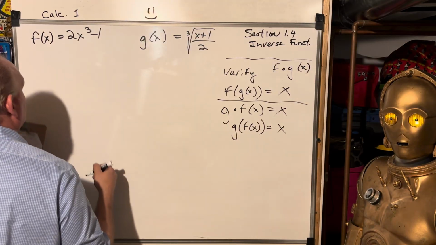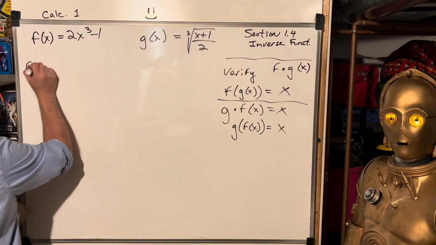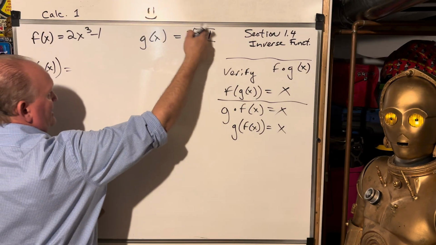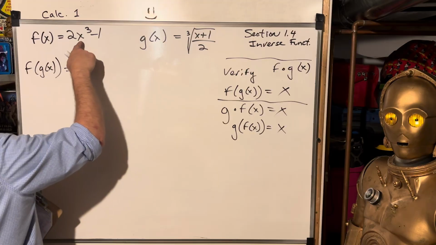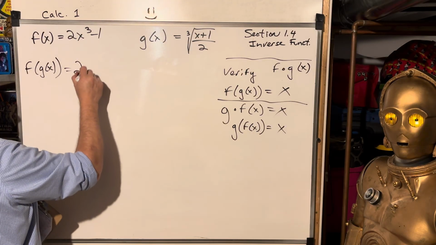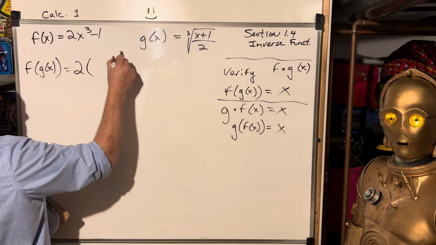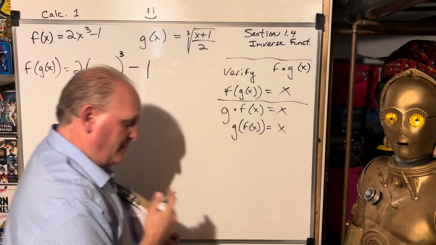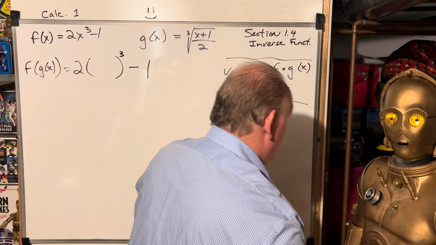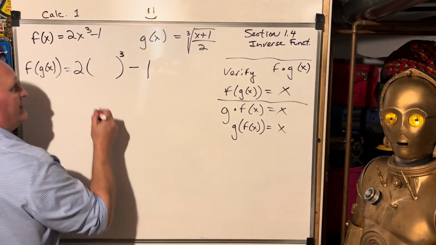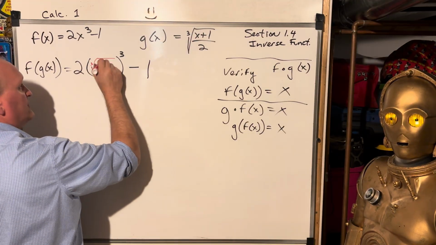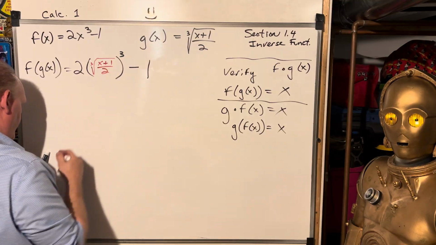All right, so let's do it. We're going to do f of g of x. So that means I'm going to take this and substitute it in where there's an x. So 2 blank to the third power minus 1. And basically we're going to sub in the g of x, so everything that's there for the g of x, the cube root of (x plus 1) over 2.